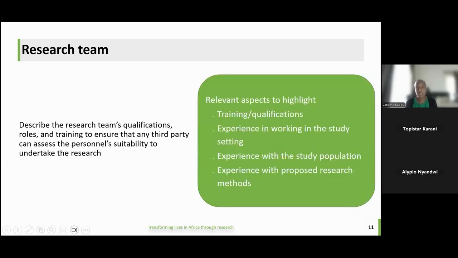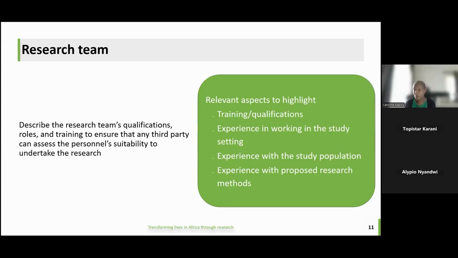Then it's also important to think about your research team, describing the team's qualifications, their roles, any training, just so that anyone who is reading either the research plan in a proposal or your protocol can assess the personnel's suitability to undertake the research. And some of the critical aspects that you want to highlight are their training and their qualification, any experience working in the study setting, experience with the study population.